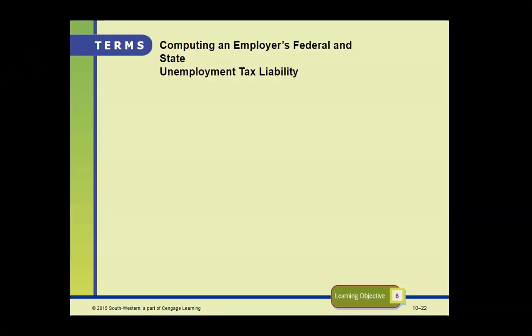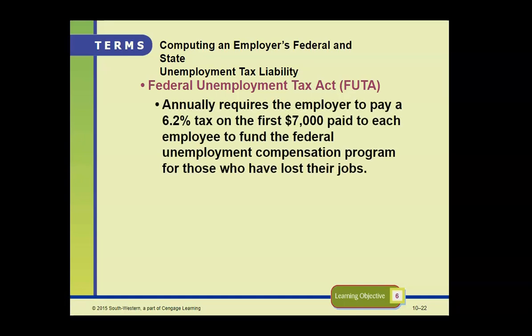And then finally, we have computing an employer's federal and state unemployment tax liability. So contrary to what a lot of people think, it's not just the government that pays for unemployment. A lot of this money comes from employers themselves. Okay? And there are steps in calculating how much employers have to pay in these FUTA. So FUTA just stands for Federal Unemployment Tax. Okay?